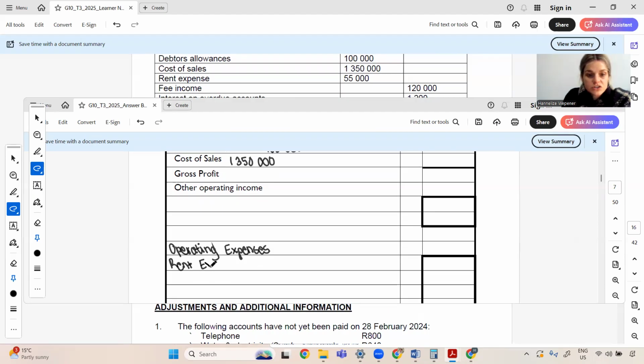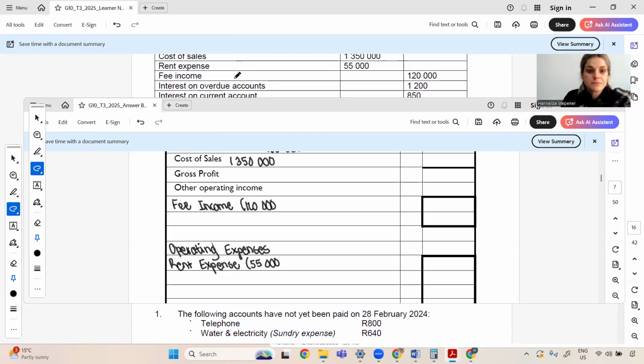So you're literally just copying from your trial balance to your SAKI all of the nominal accounts. So 55,000. Next, you have fee income. That is an other operating income because it's not sales. So anything other than sales and interest income will go to your other operating income. And that's 120,000.